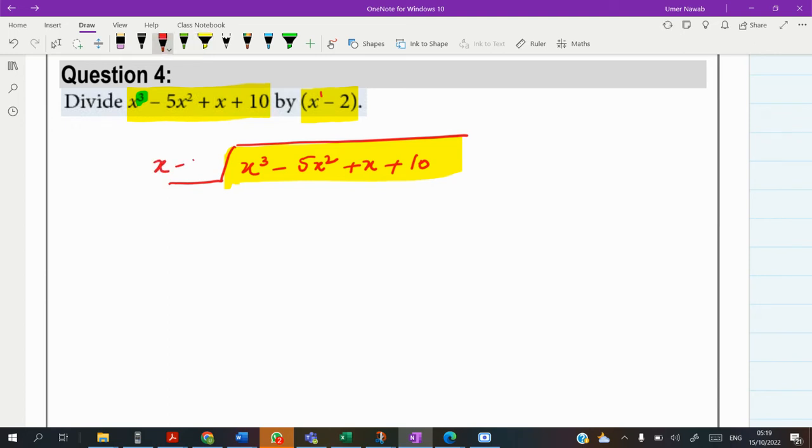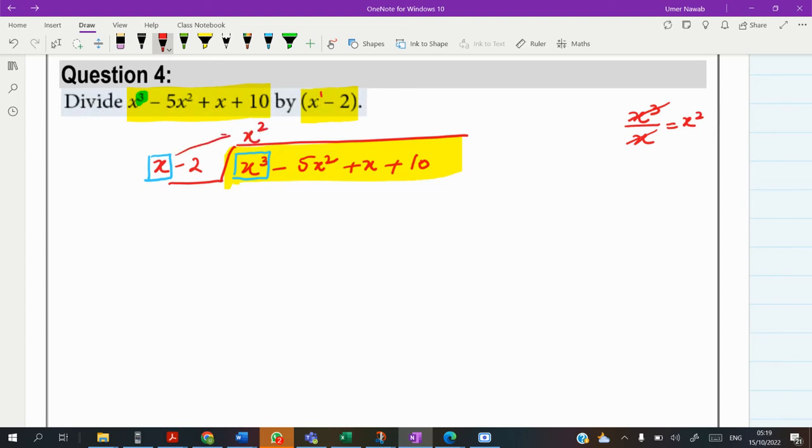Outside we put x minus 2. Now we will focus on the first term x cubed, and here is x. We do a small division here, right? x cubed divided by x. When we cancel them, it gives us x squared. So this x squared should be written on the top.